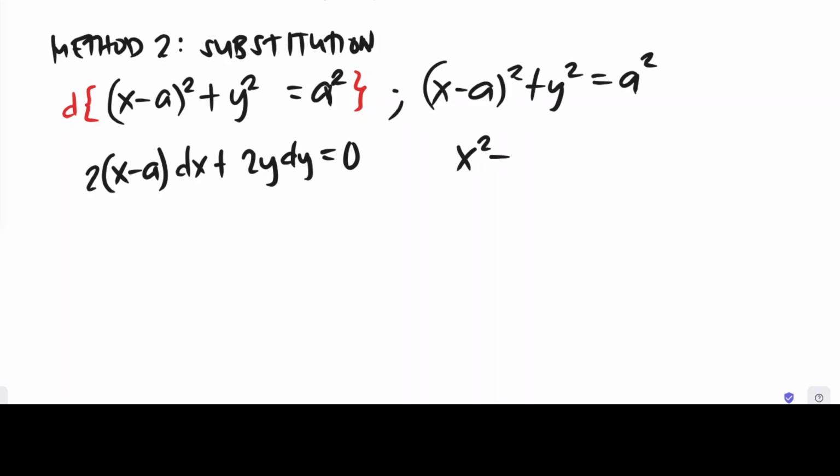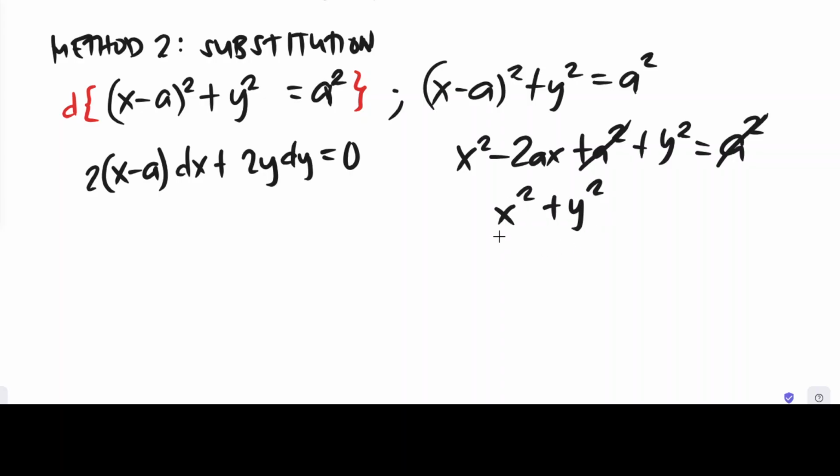So x squared minus 2ax plus a squared plus y squared is equal to a squared. Now if we eliminate a squared, we will be left with x squared plus y squared over 2x is equal to a.